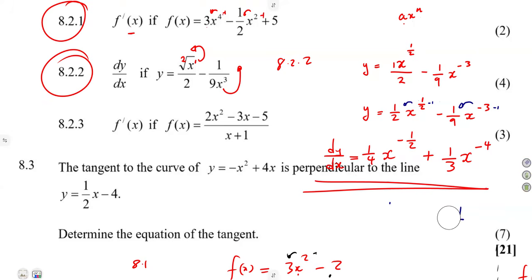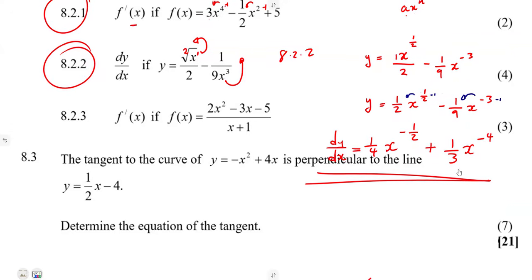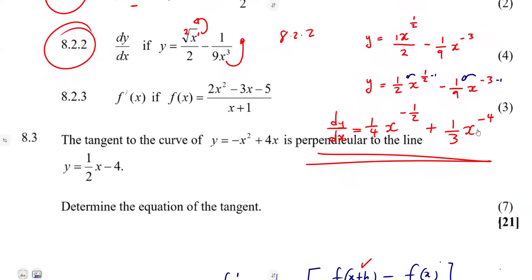There's no need for you to simplify further. We are not told to leave your answer as positive exponents, this and that. So leave your answer as it is like this. You can obtain full marks from there.